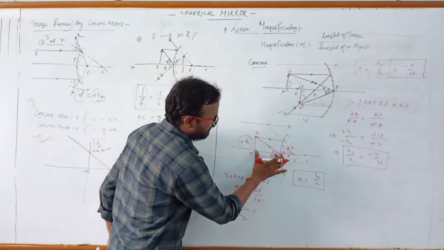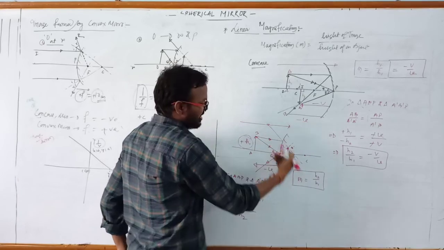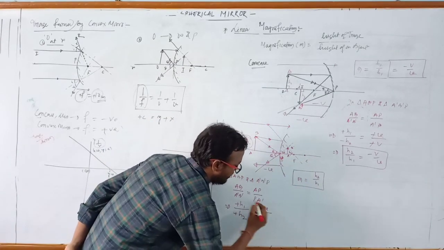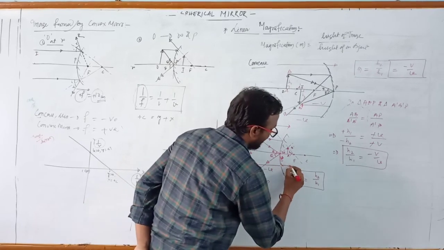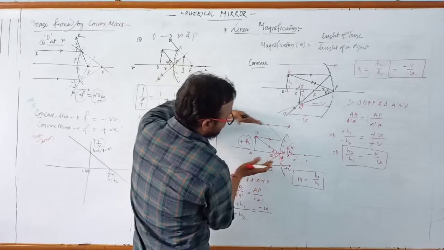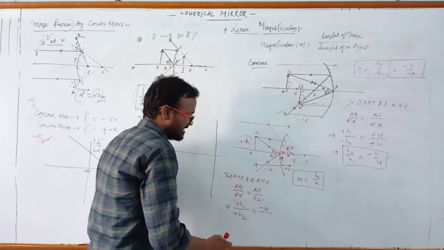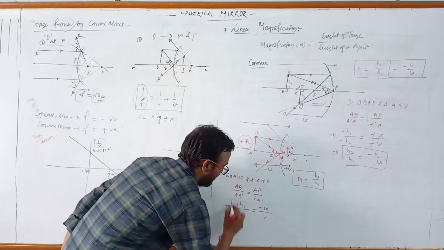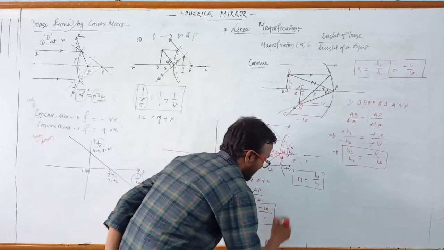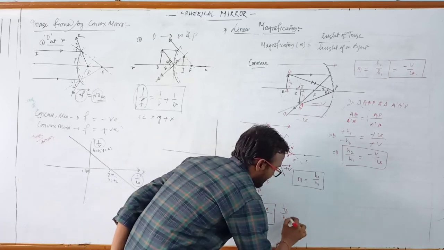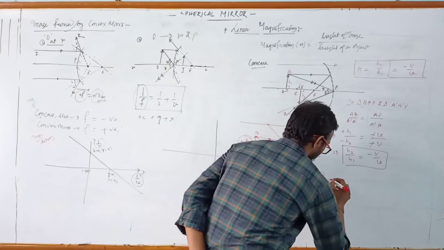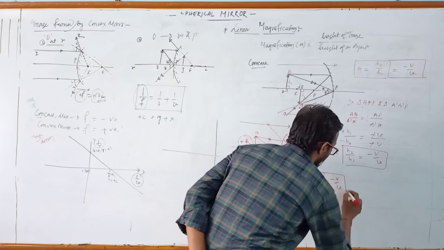The ray is coming in this direction, but the distance is measured in the other direction, so this is minus u, divided by PA. PA means this distance which is v, because this distance is measured along the direction of the incident light. That means h1 by h2 equals minus u by v, and h2 by h1 equals minus v by u. If you use this relation, it is equal to minus u by v.